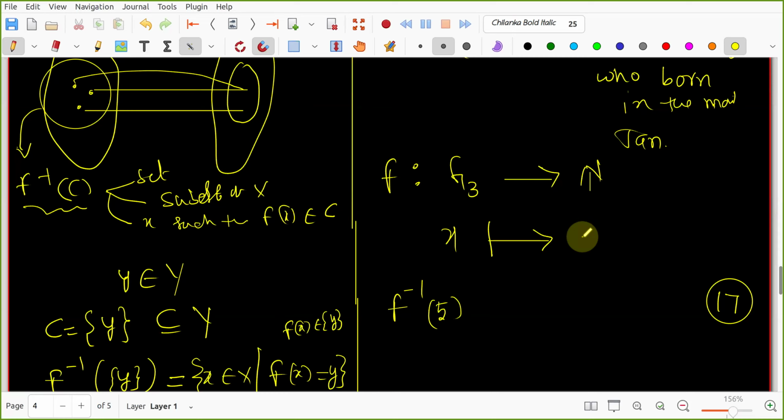Each person is sent to their breakout room number, and if you don't have a breakout room, you're sent to 17. If you are in the inverse image of 5, click yes. If not, click no. You have 5 more seconds. You should ask yourself, what is your value?